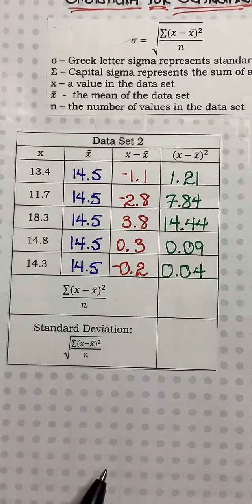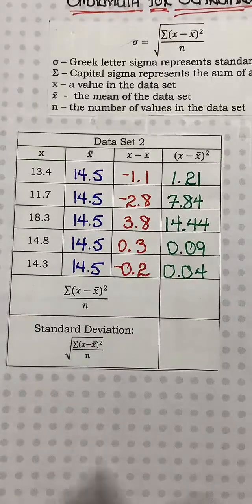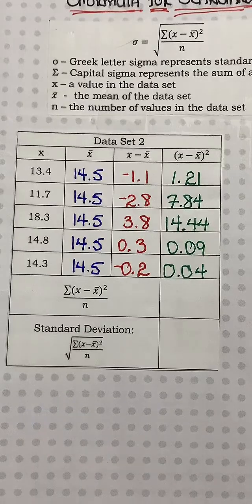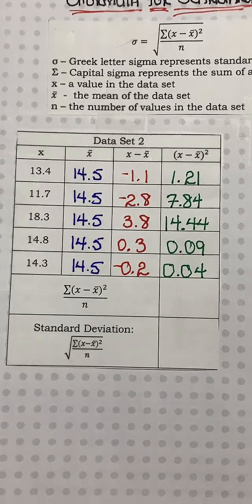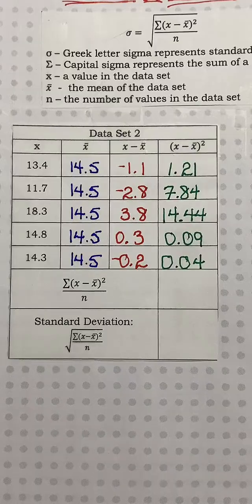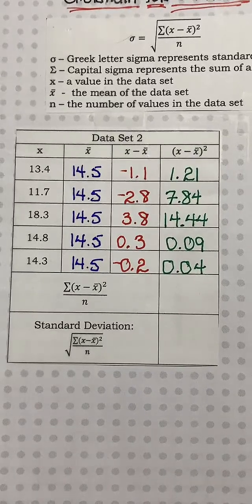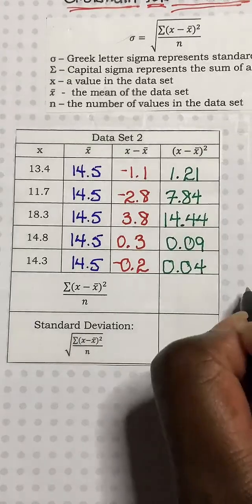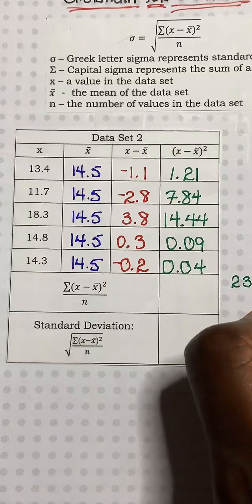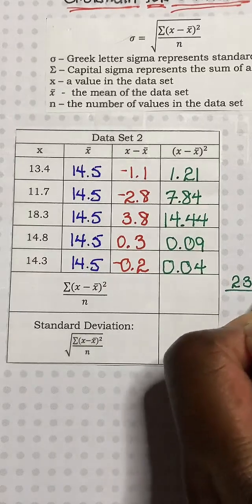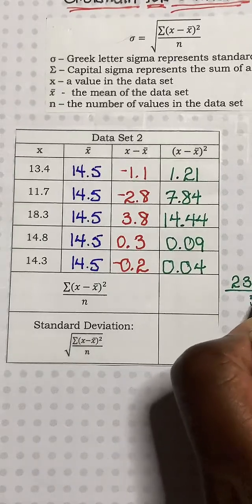Now we need to find our average. So we need to take all of our green numbers and add those bad boys up. When we add them up, I get 23.62, so I'm going to put it out here, divided by 5.